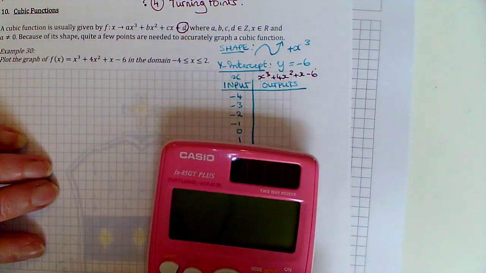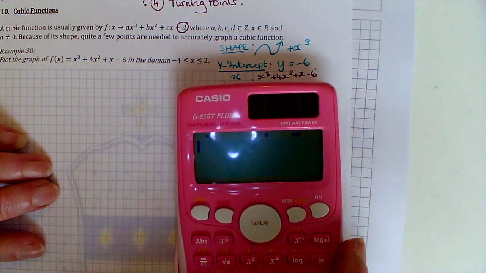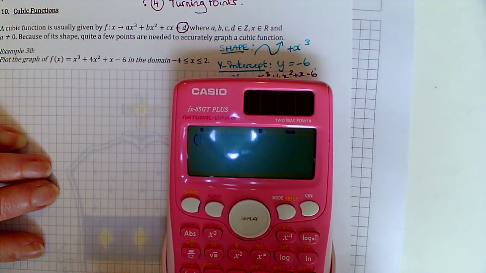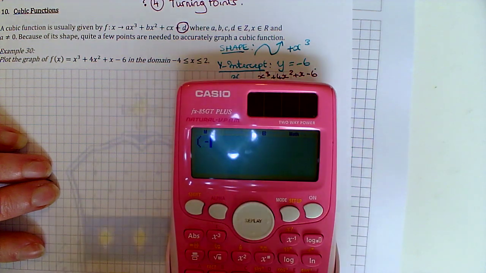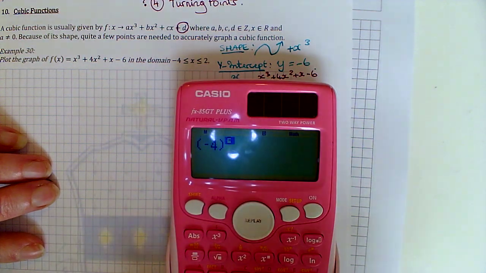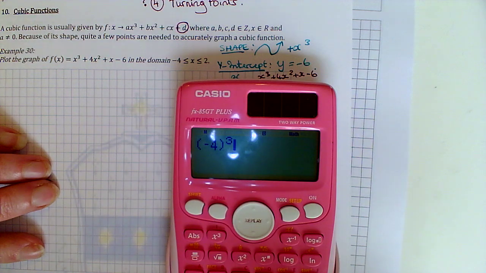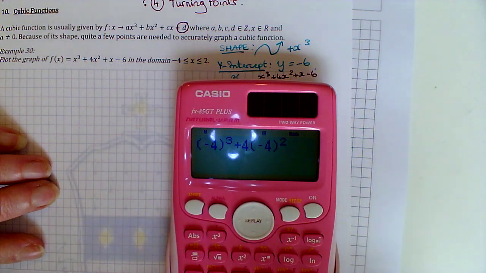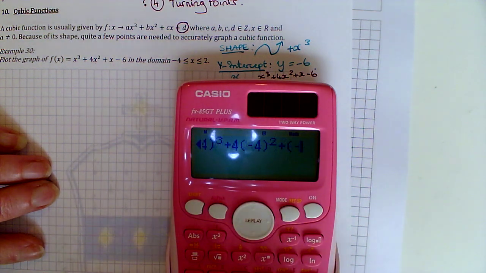The nice thing about the calculator is that we can just put in the pattern. So I'm going to have x cubed, we'll start with the first one there, -4 cubed plus 4 bracket -4 squared plus x plus a -4.